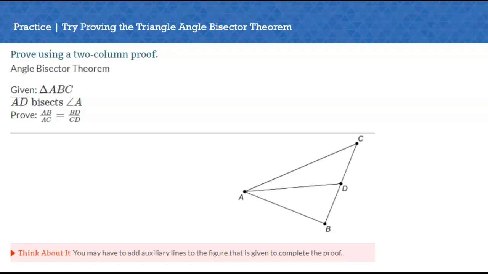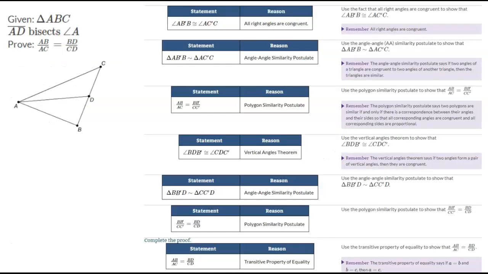We're going to prove the angle bisector theorem using a two-column proof. We're given triangle ABC. We're told that AD bisects angle A, and we are asked to prove that AB divided by AC is equal to BD divided by CD. And again, we walk through our proof.